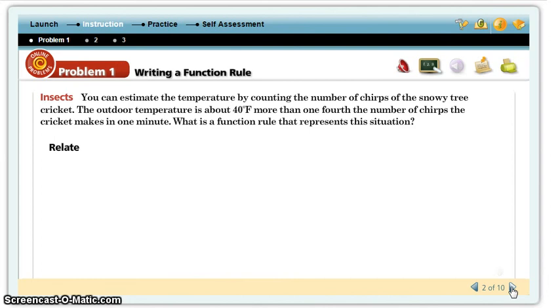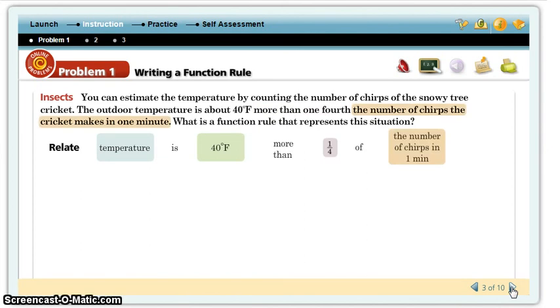The outdoor temperature is about 40 degrees Fahrenheit more than 1/4 of the number of chirps made in 1 minute.